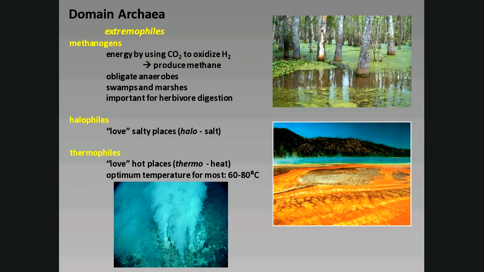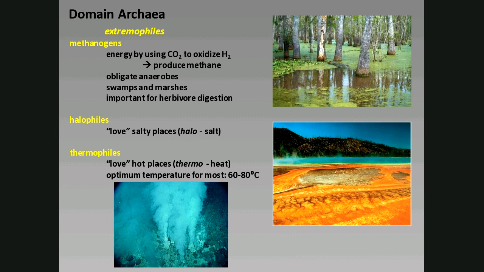Remember I said in class that that's significant, because the presence of methane on exoplanets, other planetary bodies, might indicate at least maybe domain archaean type organisms. These are obligate anaerobes, so they're going to live down in the mud of these swamps. They don't survive in oxygen.